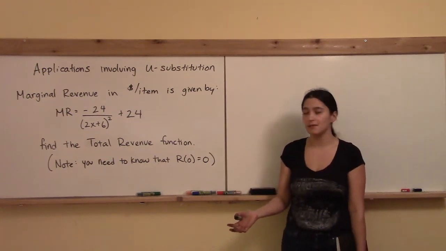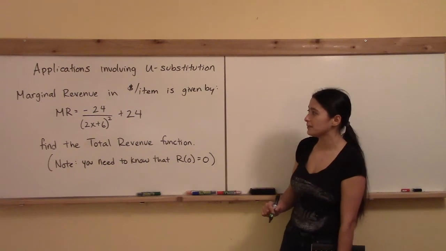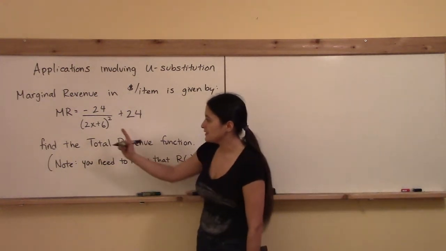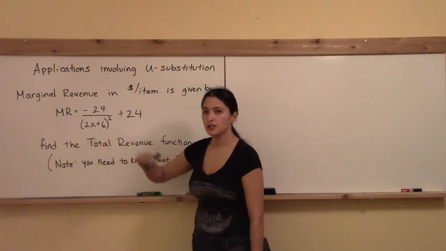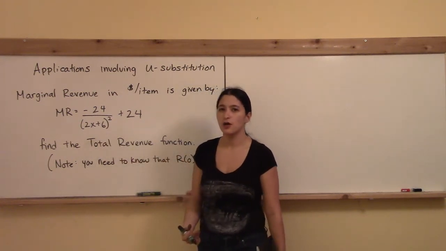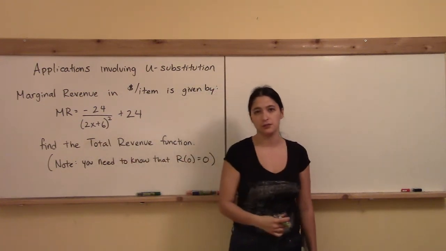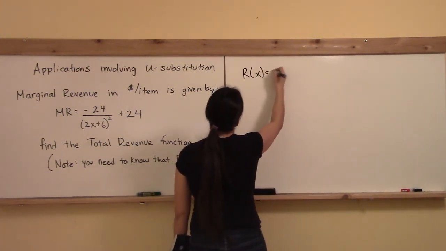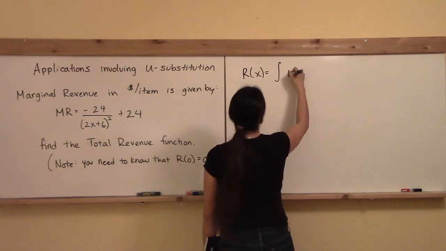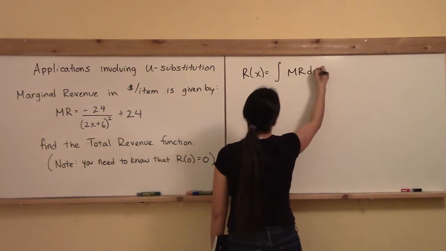The only thing that's different between this and the previous examples is that it seems like we have a function of x inside of parentheses right here. So in order to complete this integral, we're going to have to use a u-substitution. Nevertheless, the total revenue function will be given to us as the integral of the marginal revenue function dx.